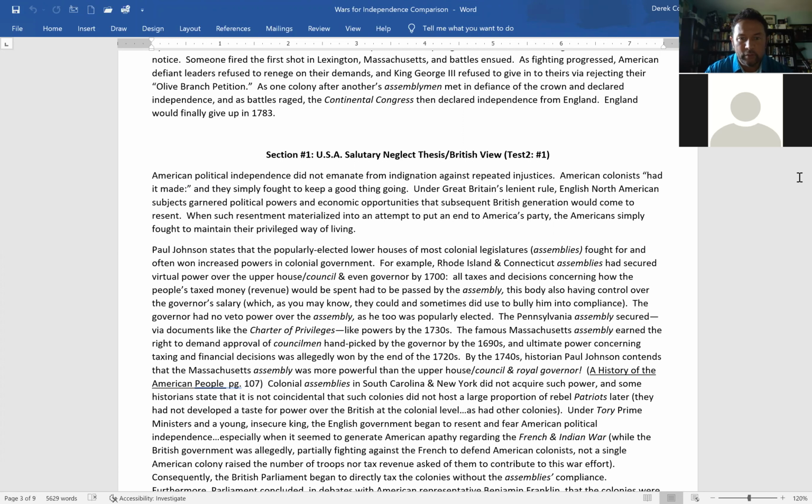And so Americans were relatively free to do as they pleased for quite some time. And then the English tried to crack down on them, having felt like they were not pulling their weight in the British Empire. And then, of course, the spoiled Americans, by this account, fight to keep that good thing going.